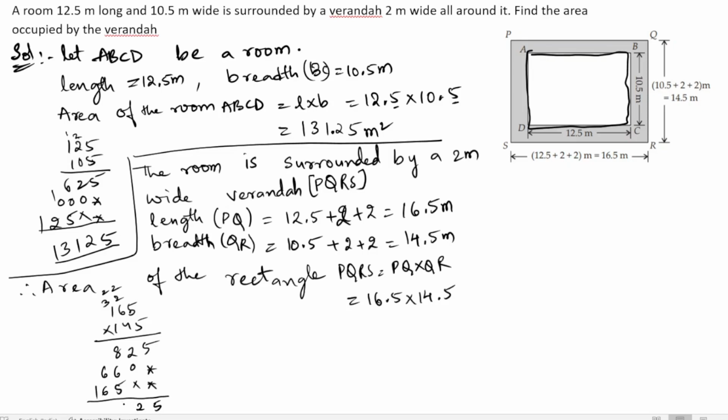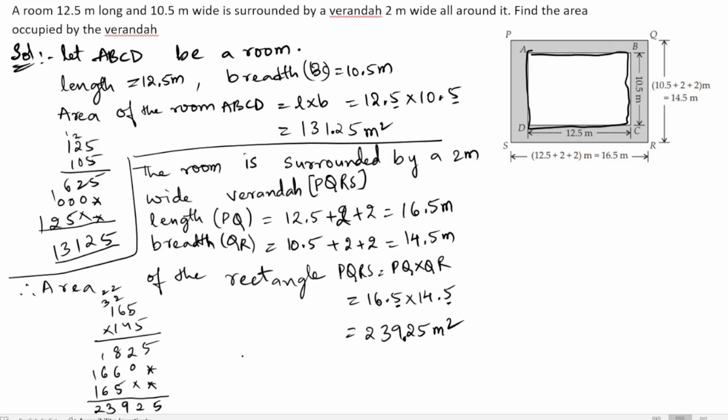So 5, 2, 8 plus 6 is 14, 14 plus 5 is 19, 6 plus 6 is 12, plus 1 is 13. So we got 23925. Since there are two digits after the decimal, the area is 239.25 square meters.